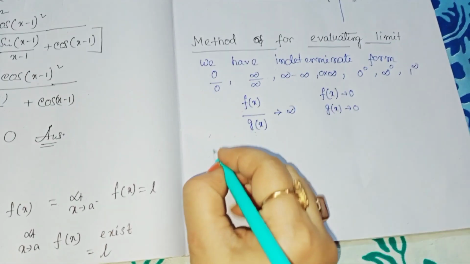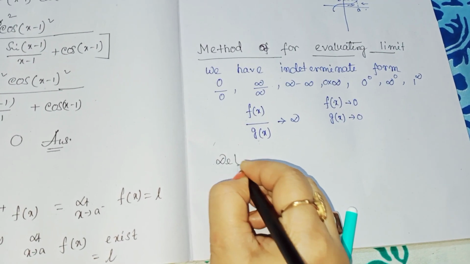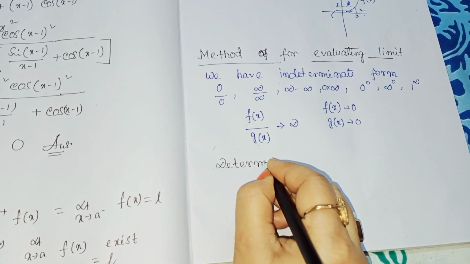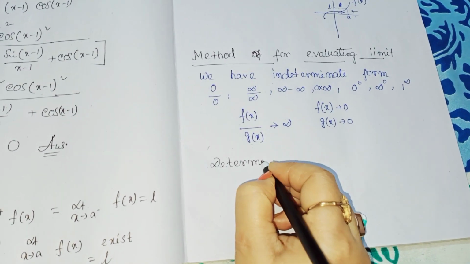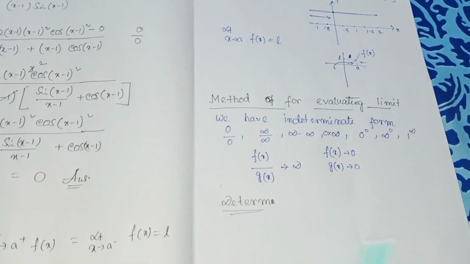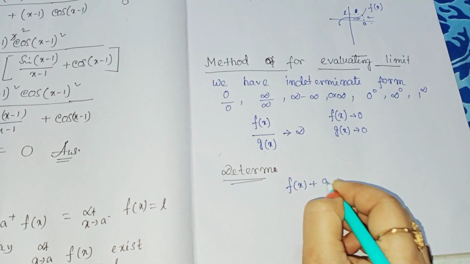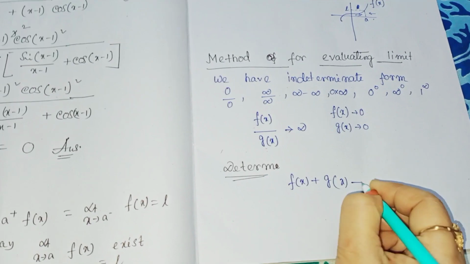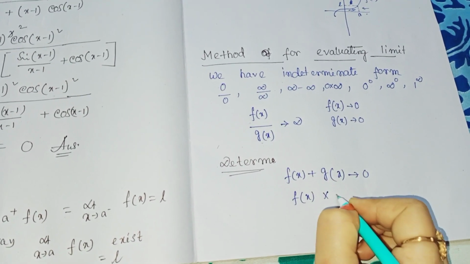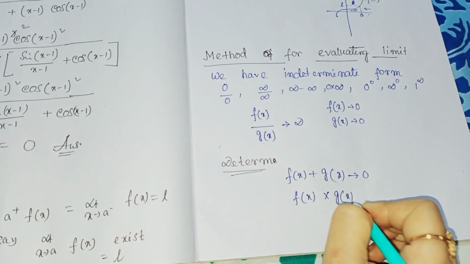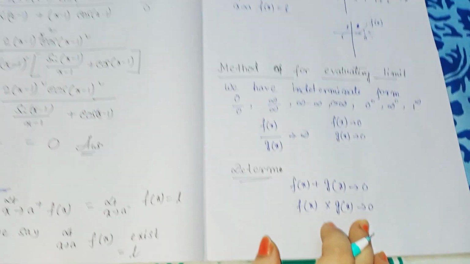Now what is the determinate form? The determinate forms are f of x plus g of x tending to 0, and f of x cross g of x tending to 0.